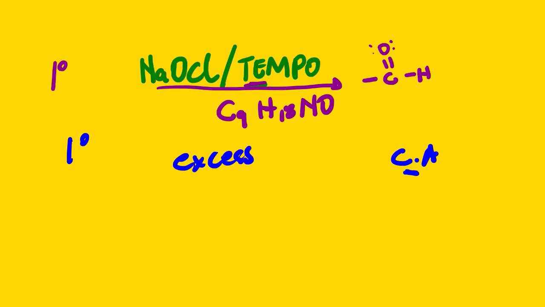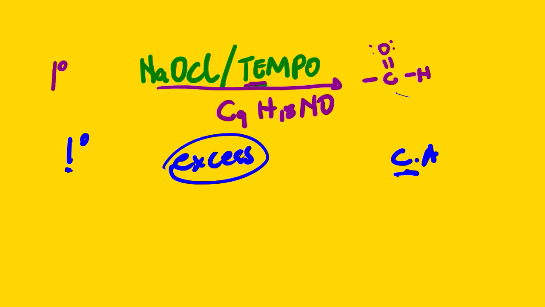This method of using this reagent, oxidizing a primary alcohol to aldehyde and in excess to carboxylic acid, is way better than using chromic acid to oxidize a primary alcohol to carboxylic acid.